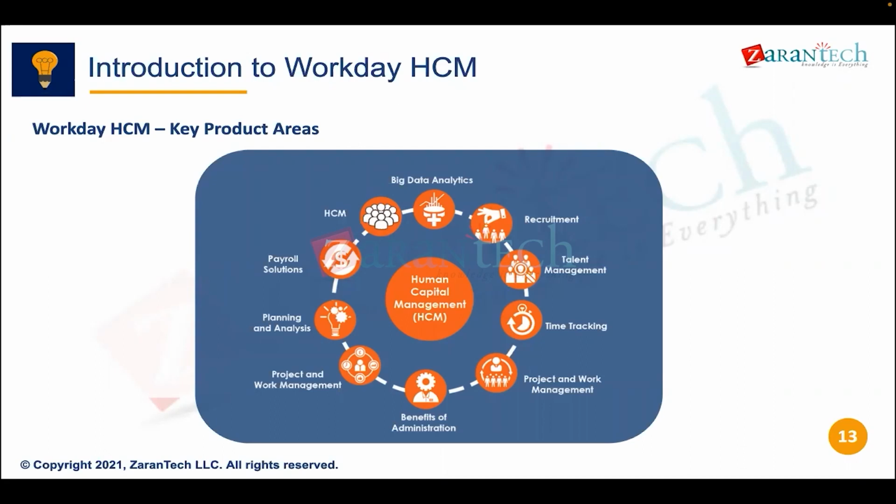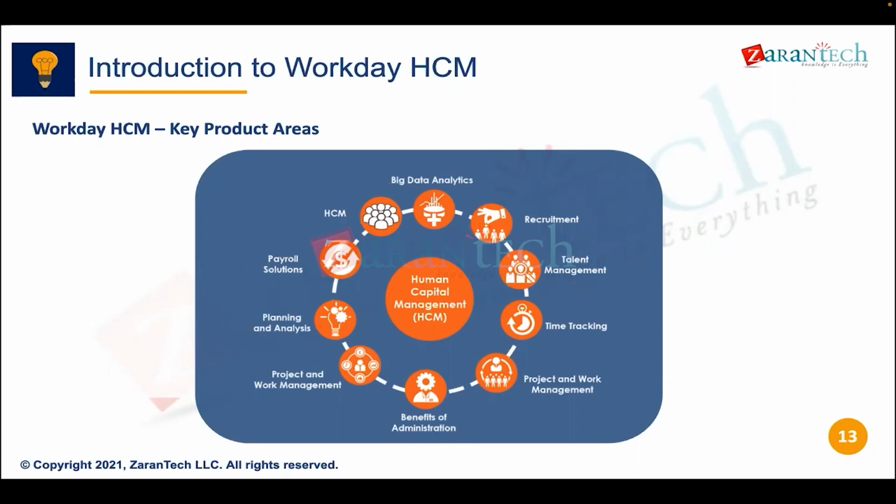Inside it there is big data analytics, recruitment, talent management. What are the other modules which are also key products after HCM? HCM is one of the important ones, which is the base, the mother of ERP. After completing HCM, there are other core-related modules.